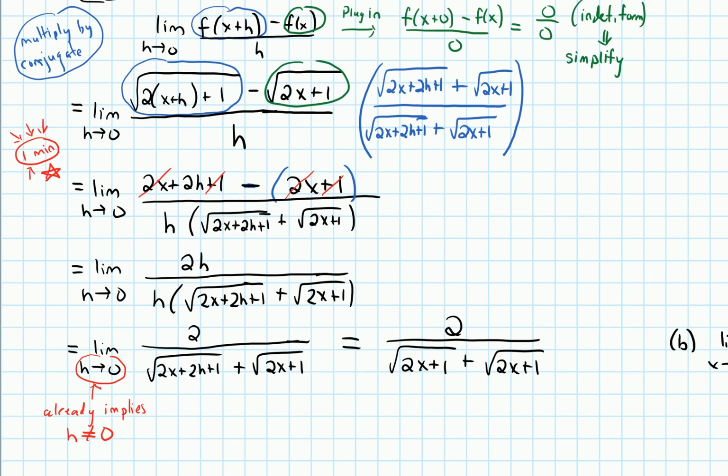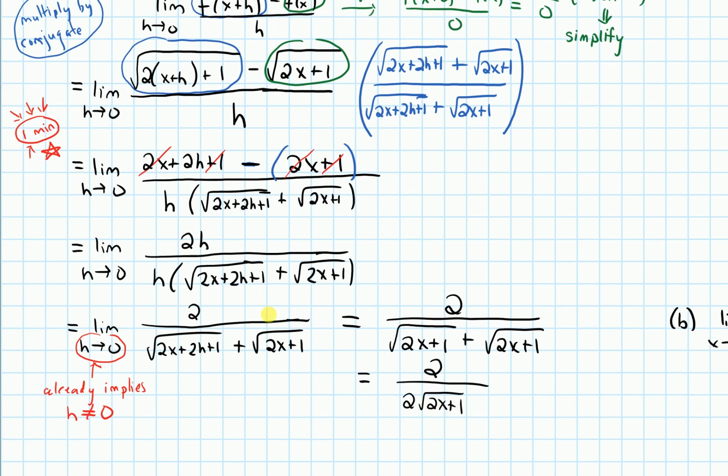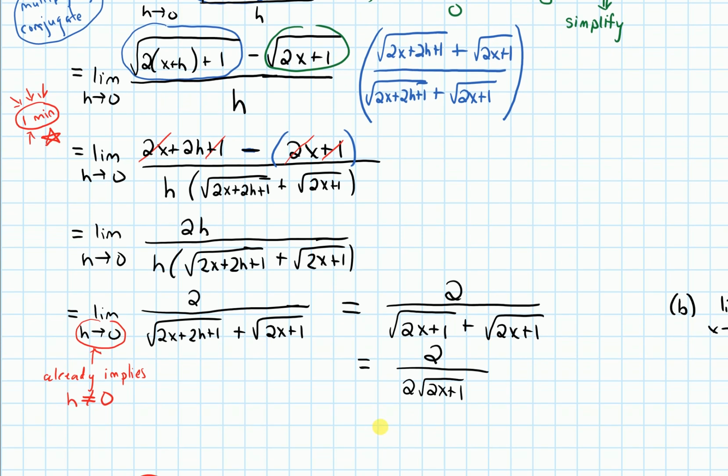So now if we simplify this further, we have 2 on the top. The square root plus the square root means we have 2 root 2x plus 1. And then I can cancel the 2 on the top and the bottom and get that this equals 1 over root 2x plus 1. And that's as far as I can go.